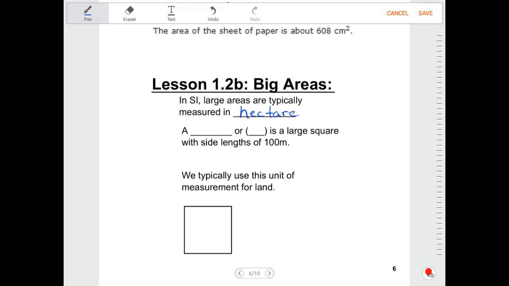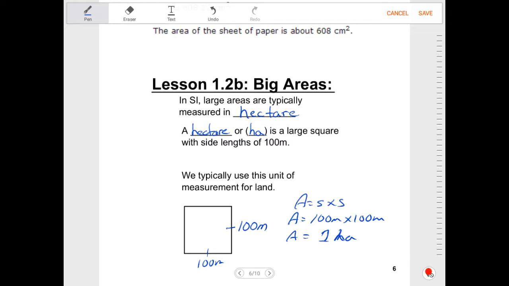A hectare, the symbol is HA, is a large square with side lengths of 100 meters. So each side would be 100 meters long, and if you multiply that together, area equals side times side, or side squared, 100 meters times 100 meters, essentially that would give you 1 hectare, 1 HA, okay?